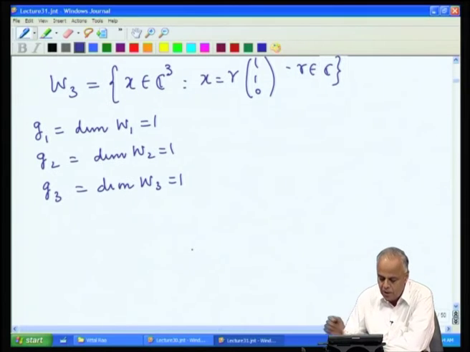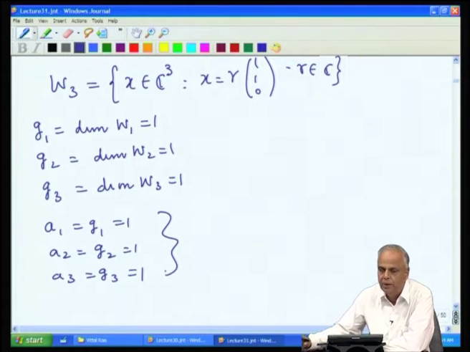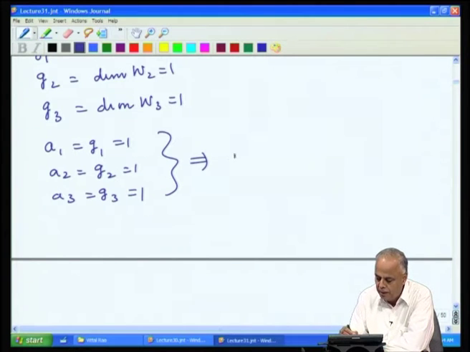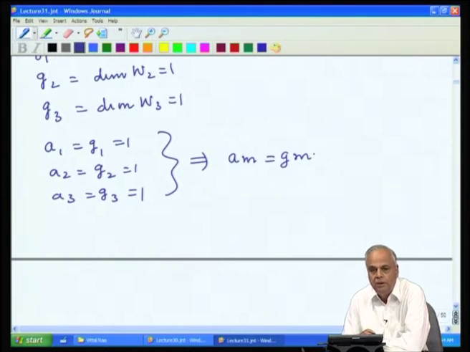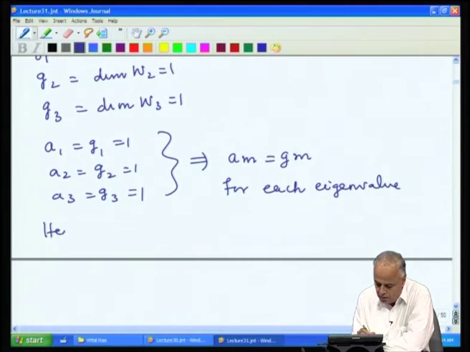So, in this case we find that A 1 is the same as G 1, A 2 is the same as G 2, and A 3 is the same as G 3. The algebraic multiplicity is equal to the geometric multiplicity for each eigenvalue. Hence, A is diagonalizable.